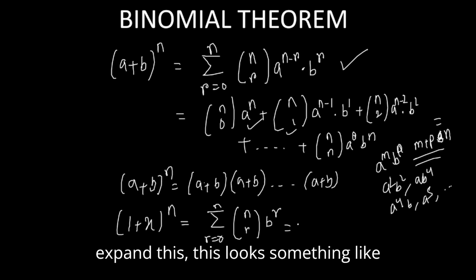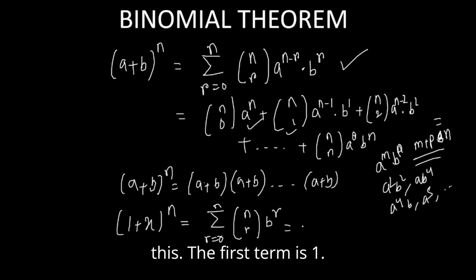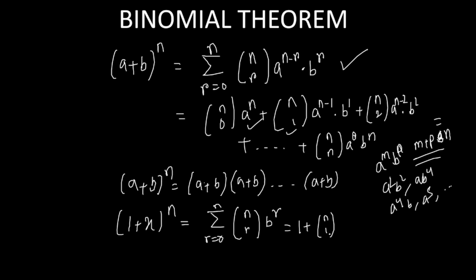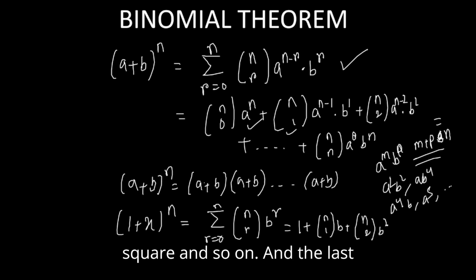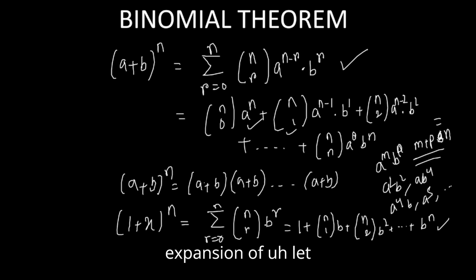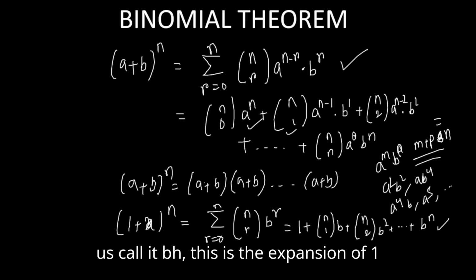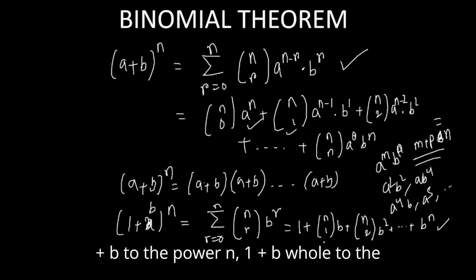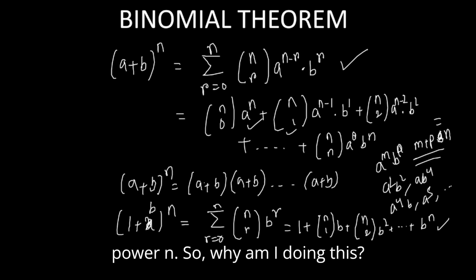If you expand this, it looks something like this. The first term is 1, and the next term is n choose 1 b, n choose 2 b squared, and so on. And the last term is b to the power n. This is the expansion of 1 plus b whole to the power n.